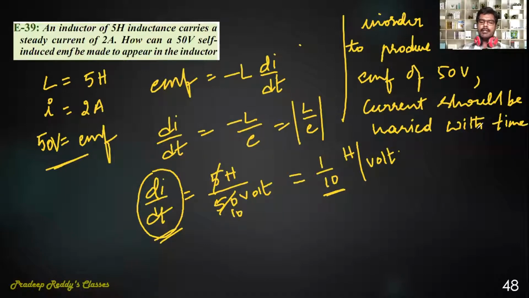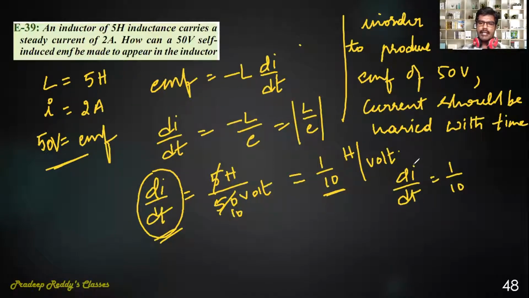Current should be variable with respect to time, and that current which is variable with respect to time can be written as di by dt magnitude is equal to 1 by 10.